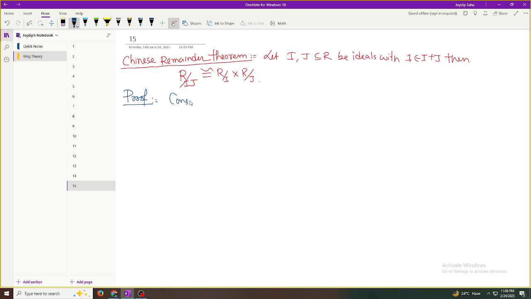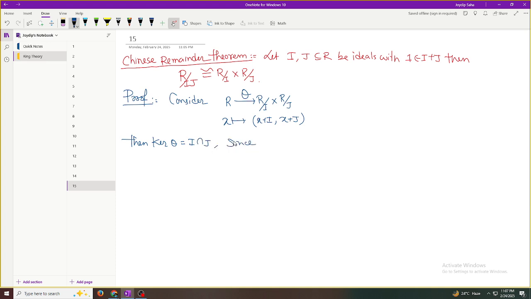Consider theta of x equals x plus I, x plus j. Then kernel theta equals I intersection j.